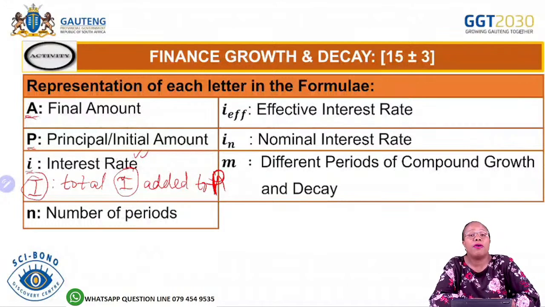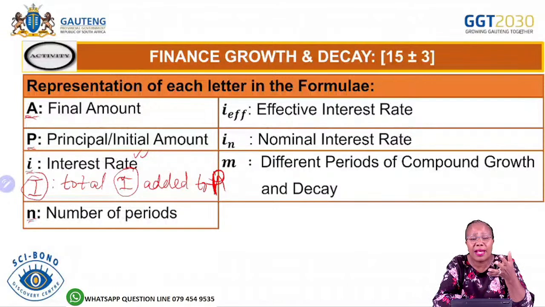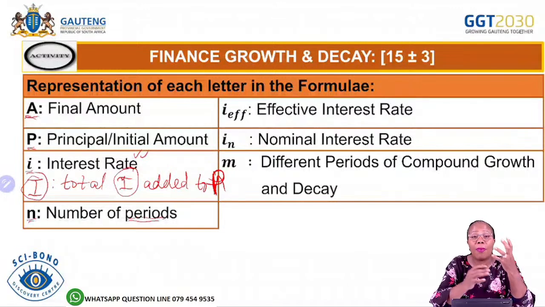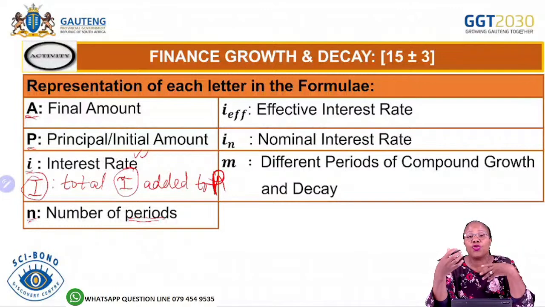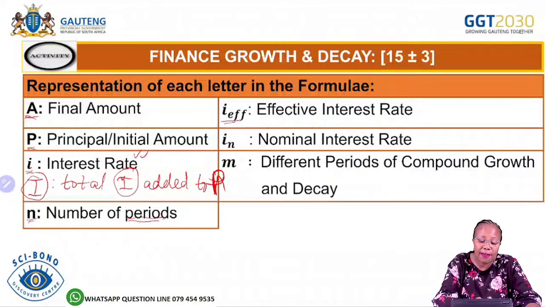And then the number of periods n indicate, it can be in years, it can be monthly, it can be quarterly. It depends on the compoundment in some cases. So that is the number of period your money spent on an investment, or the number of period of which you will borrow a specific amount of money. And then i effective, remember we've talked to effective formula. So i eff stands for the effective interest rate.